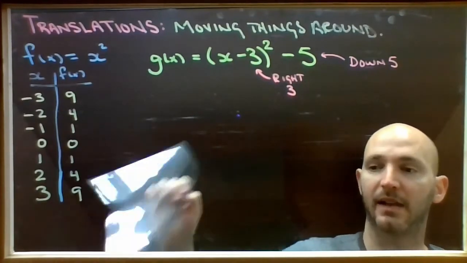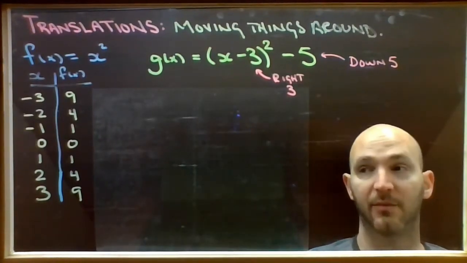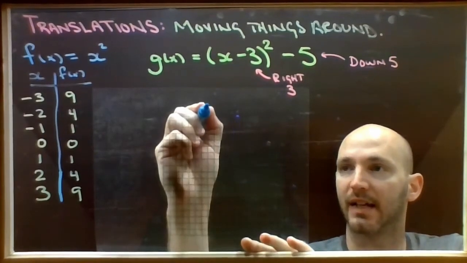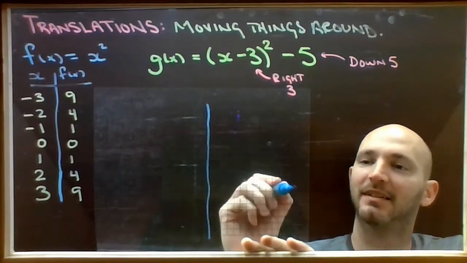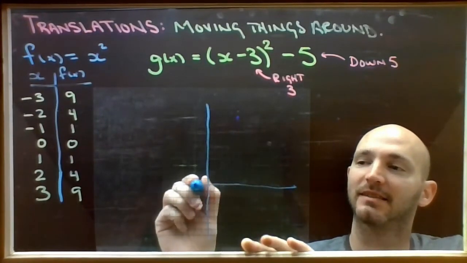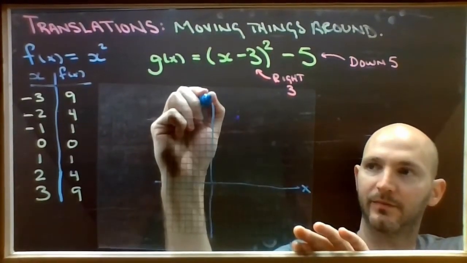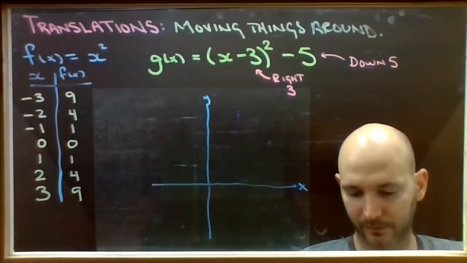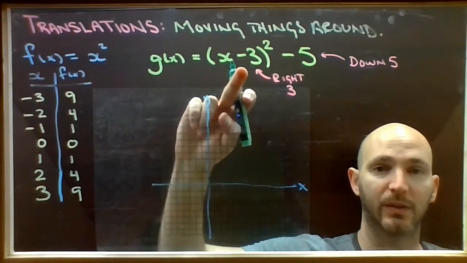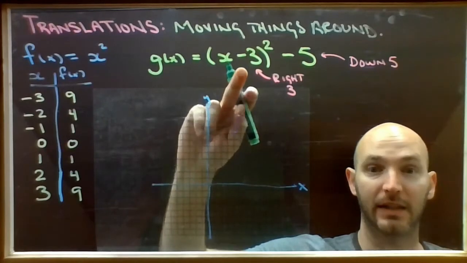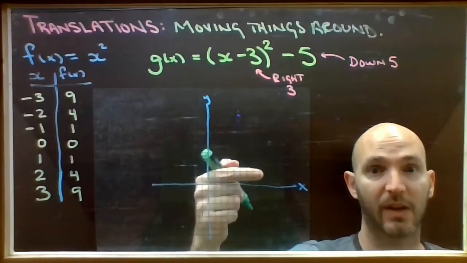So if I were to grab an axis, the first thing I'm going to put on here is the x and y that have been unshifted. So here we go. Here's my x-axis. Except that's the y-axis. Here's my x-axis. Now, if I see that I have a rightward shift 3, I'm going to take this y-axis and I'm going to shift it 3 squares to the right.